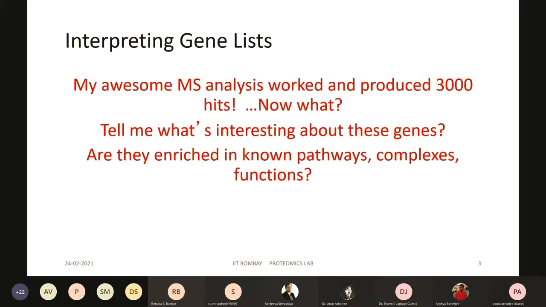You would have 3,000 or 4,000 proteins, but you really do not know what these proteins mean. I would use the terms gene and protein interchangeably. So why are there suddenly so many genes getting upregulated and downregulated? So we use a term called pathway enrichment studies, where let me show my pointer.